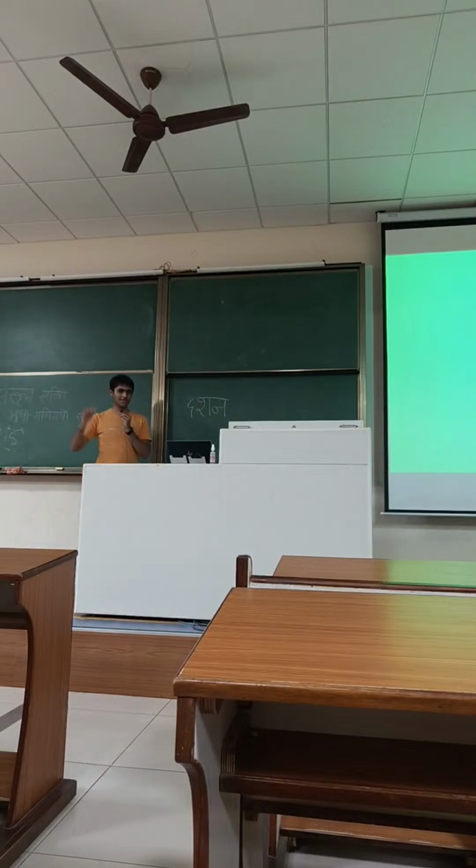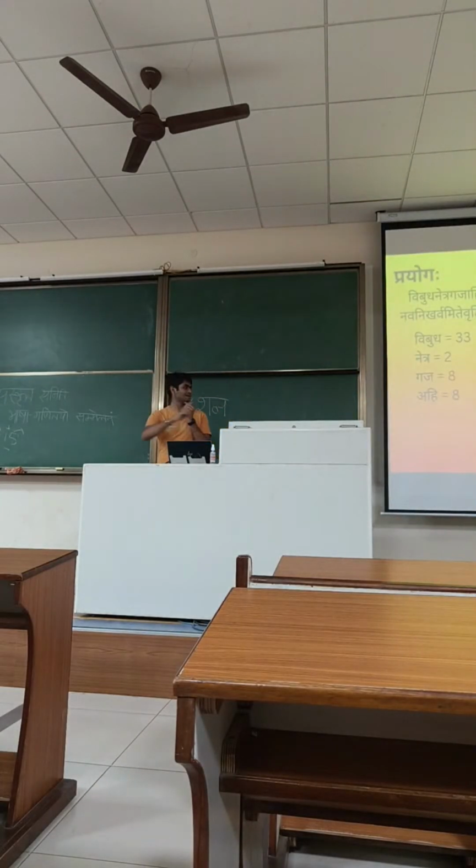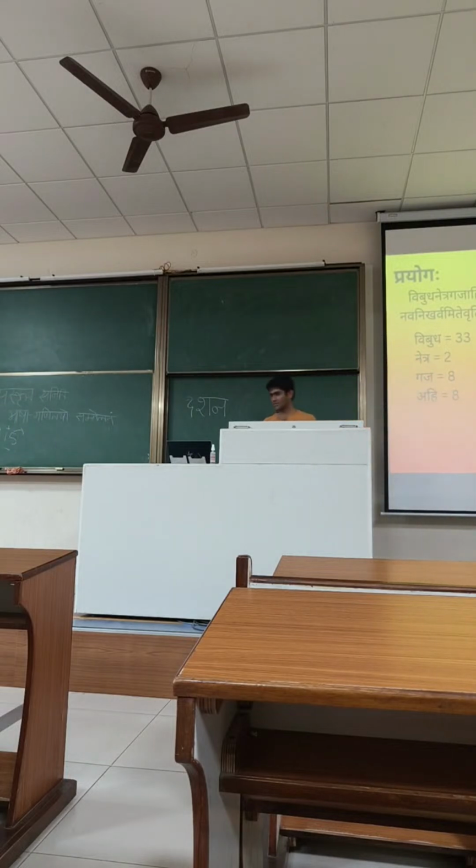So we saw in the Vibhuda Netra Gajahi Hutashana also that he very smartly encoded the entire large number using just words. One rule is we go from left to right. That's the general rule to be followed in all number systems. So Vibhuda is Devas, so 33, Netra is 2, and you write this in the opposite way.